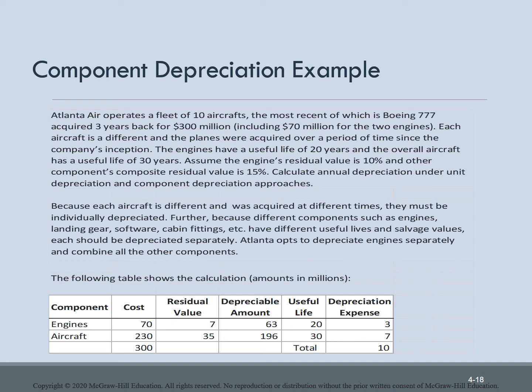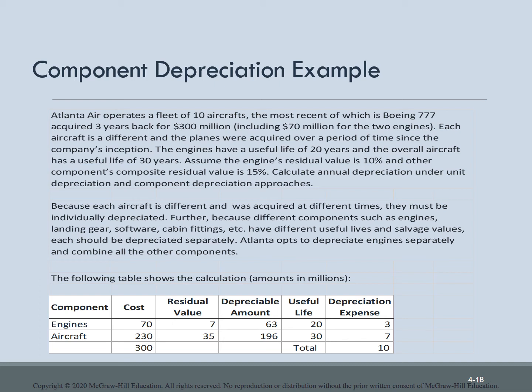So for the engines, we've got a $70 million cost. We've got a residual value that is 10% of that, or $7 million. So the depreciable amount is $63 million. There's a 20-year life, and so that's ultimately going to be 63 divided by 20, which gives us roughly 3.1 million a year.